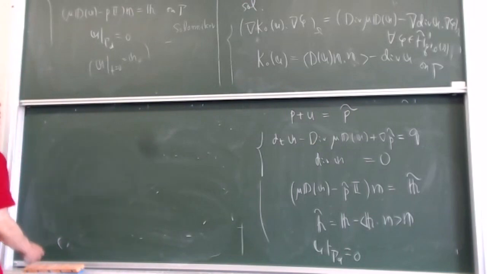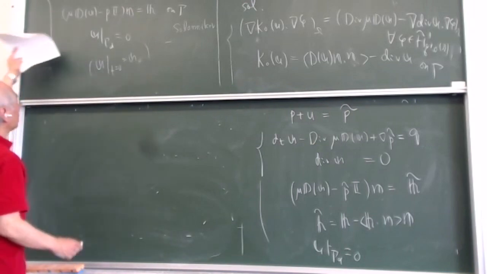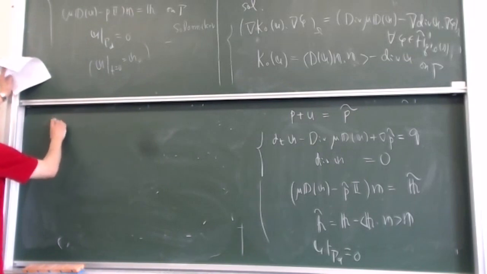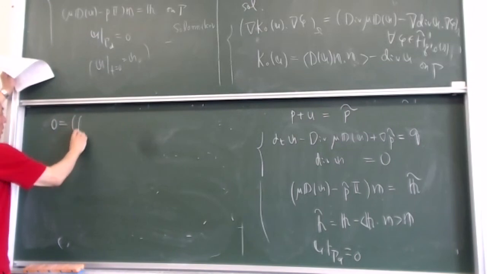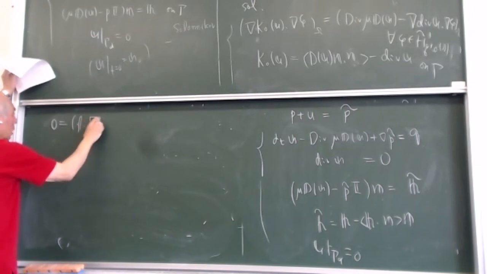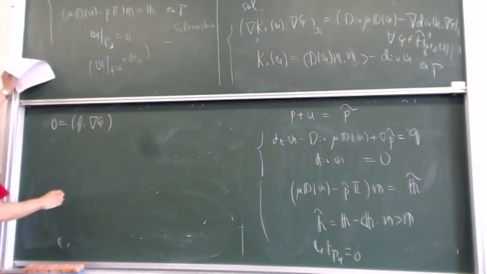Meaning that now again we consider the equation for pressure p. Now the f is solenoidal.